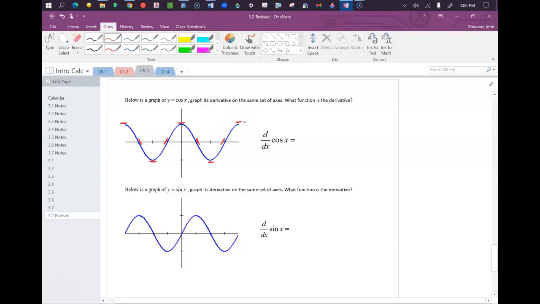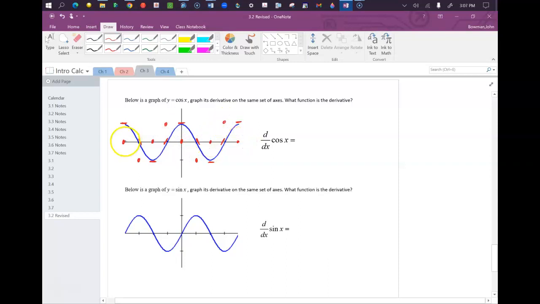And then we're going to go back and we're going to plot points to represent the value of those slopes. So 0, negative, 0, positive, 0, negative, 0, positive, 0.